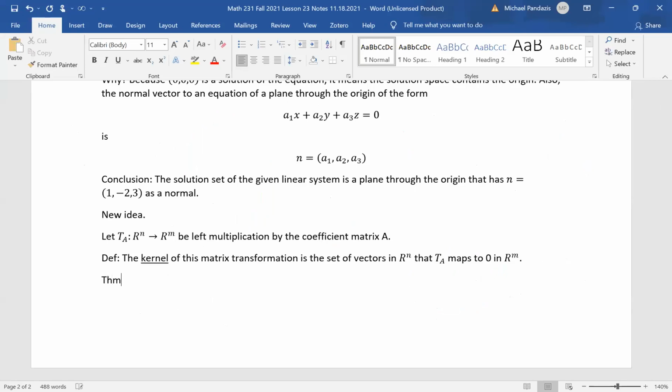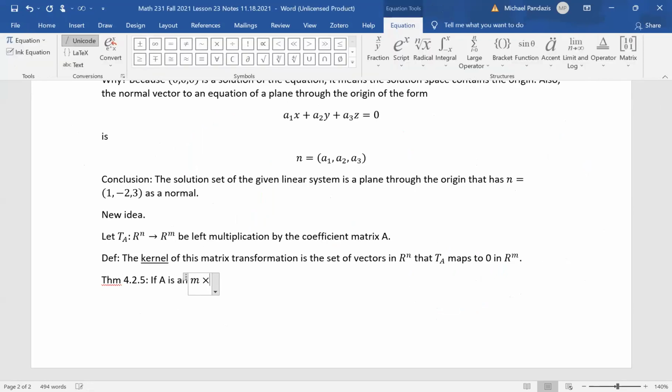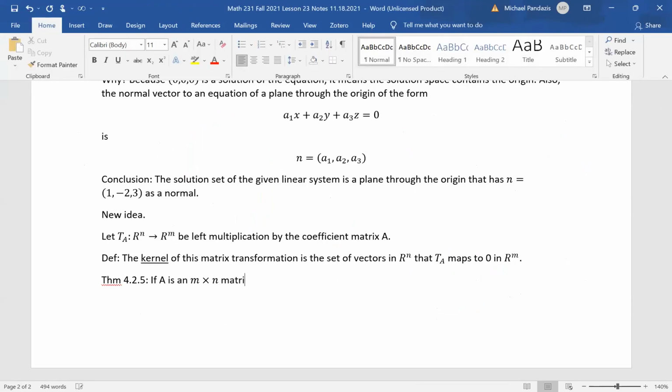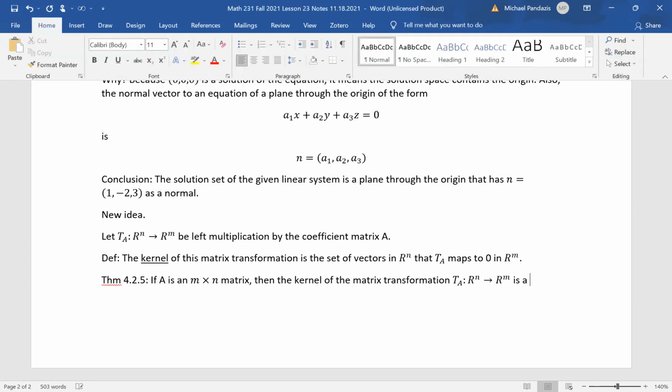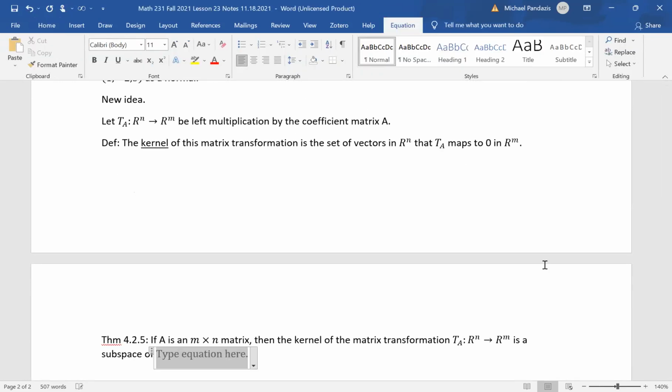Okay. Theorem 4.2.5. If capital A is an n by n matrix, then the kernel of the matrix transformation T sub A, which is from Rn to Rm, is a subspace of Rn.